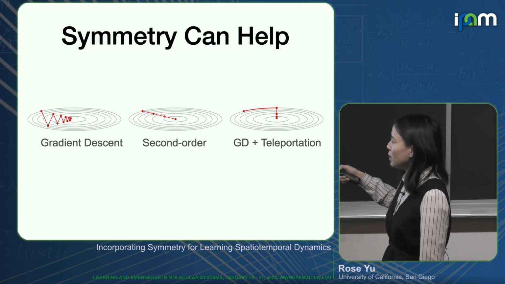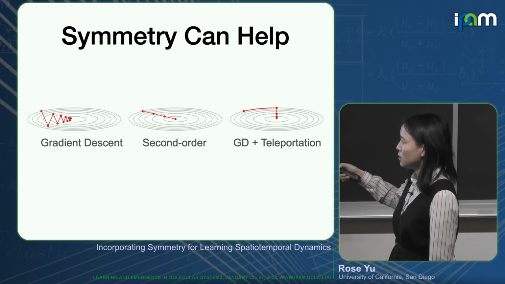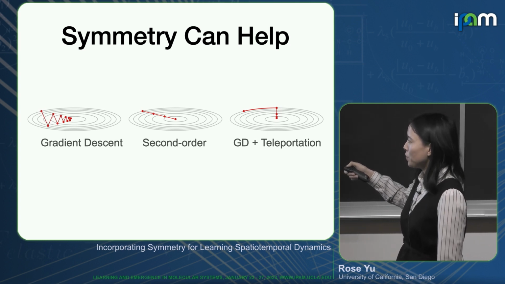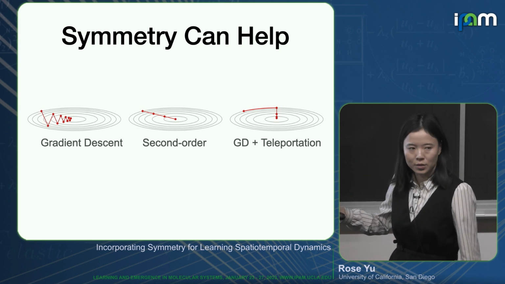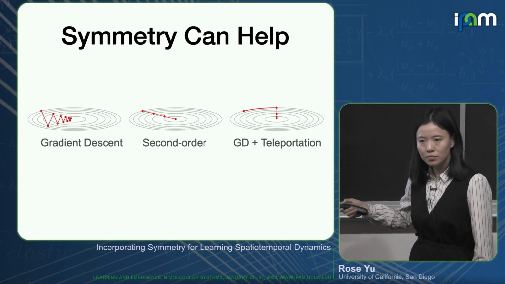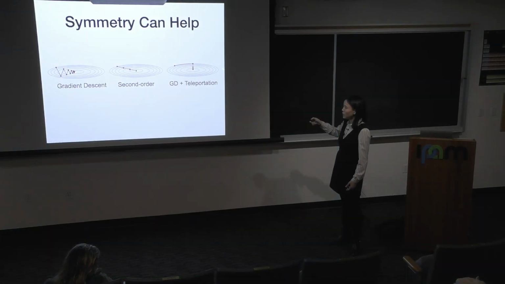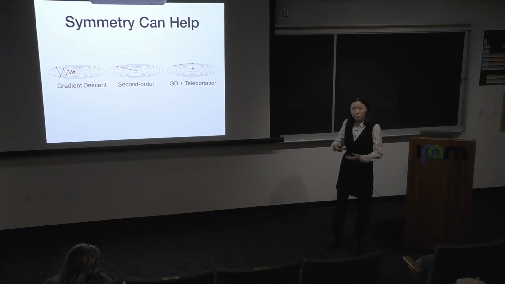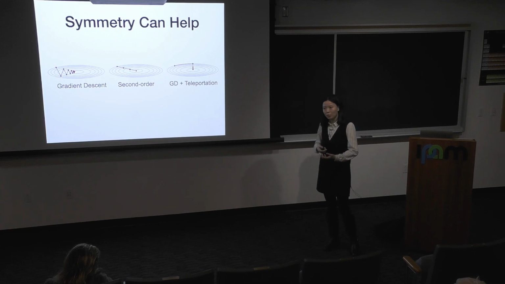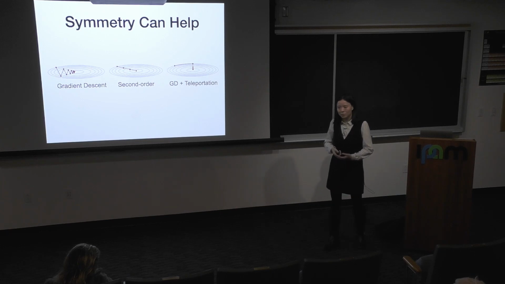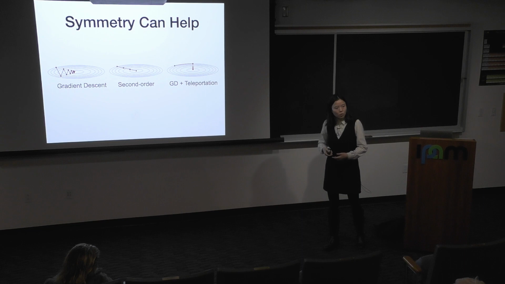So if we can make a big jump from this point to this point, then we can potentially accelerate optimization. And this idea of making big jumps is quite different from the optimizers that we use today in deep nets, which make local updates. Here we're looking at the global landscape and making big jumps in the landscape.